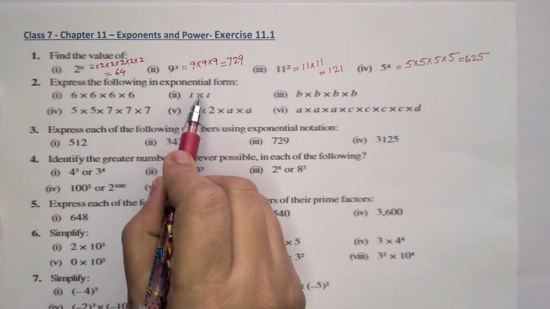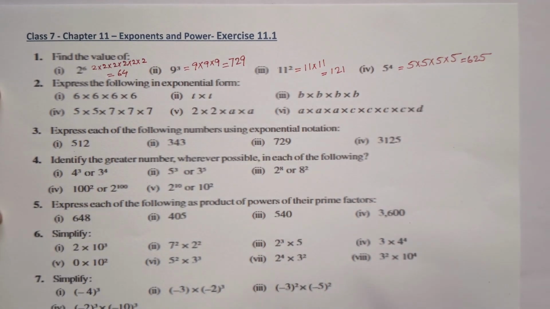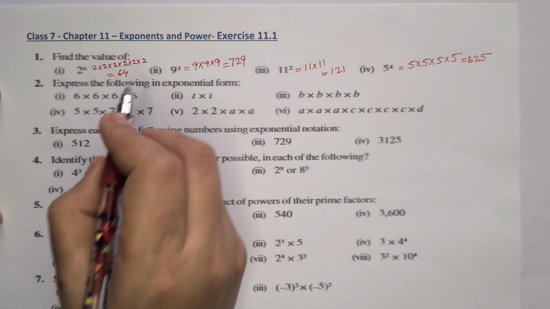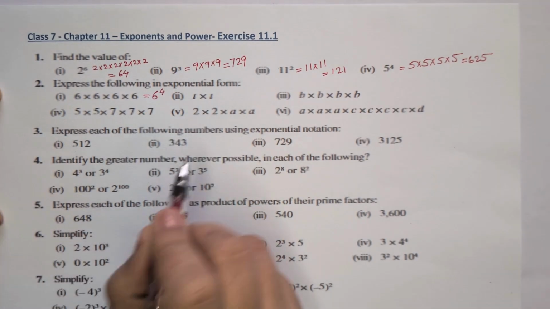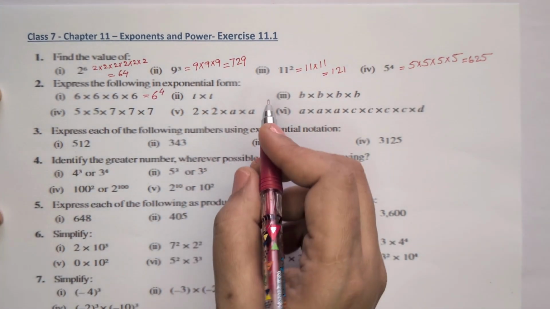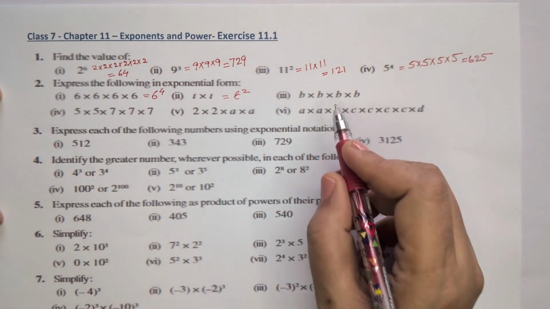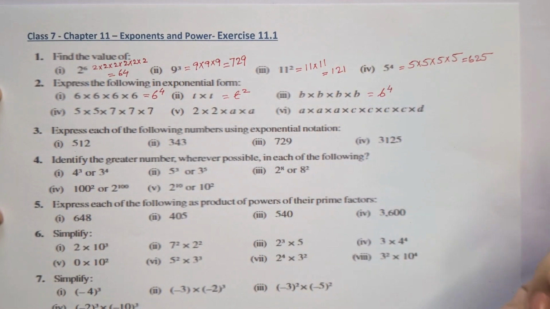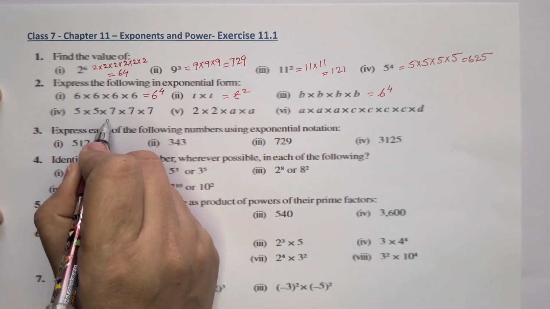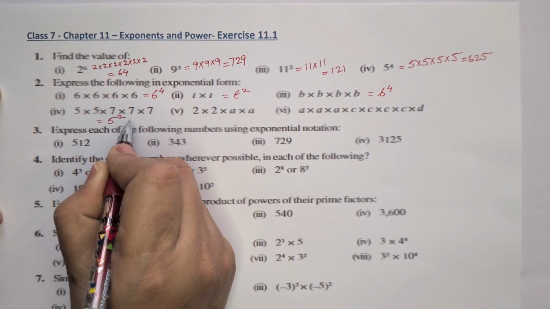Second question. Express the following in exponential form. 6 appears 4 times, so we can write that as 6 raised to 4. Next, t two times, so t square. b four times, b raised to 4. Here 5 two times, 5 square, and 7 three times.